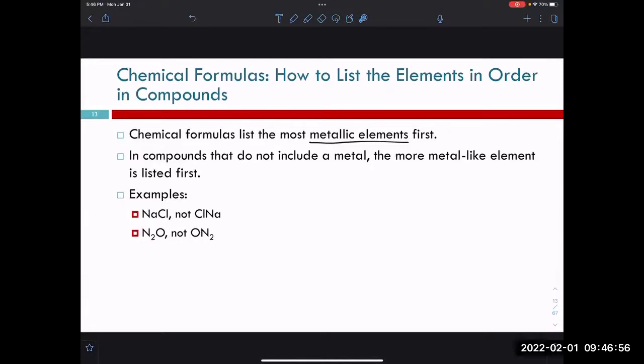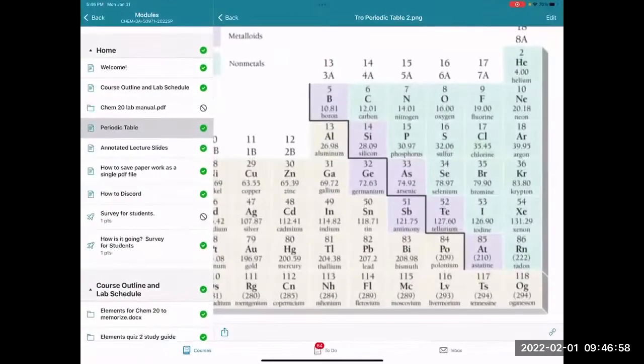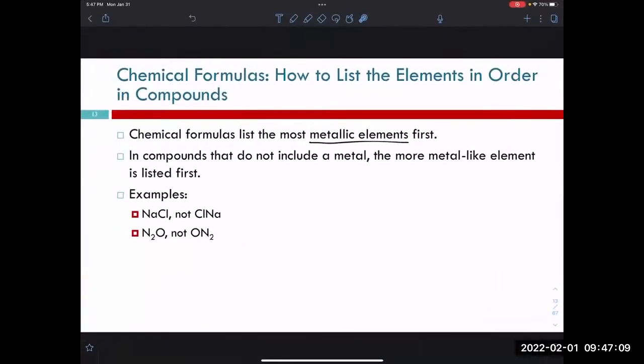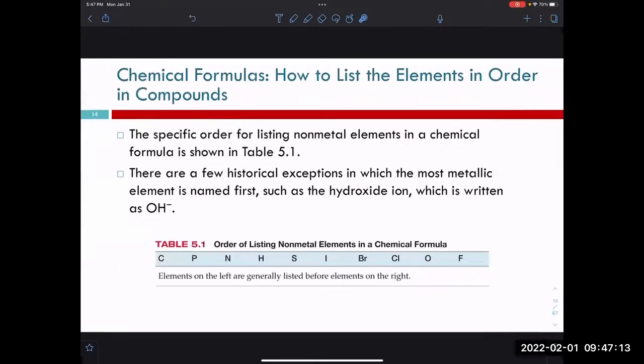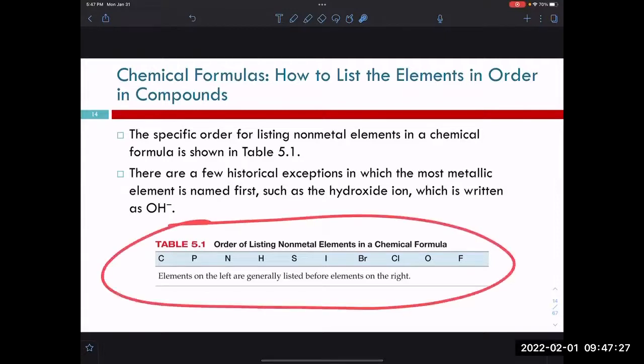N2O, we go back to the periodic table. Nitrogen and oxygen. Nitrogen is farther left than oxygen, so nitrogen goes first. Oh, good. I completely forgot that this was here. So if you want an actual list of what order you should put things in, here's your list.